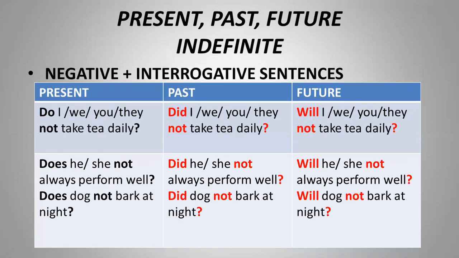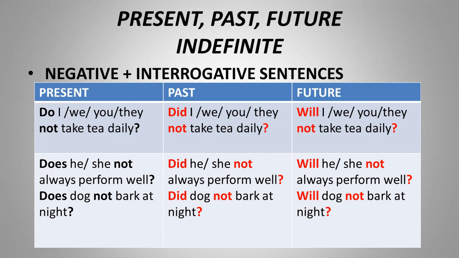Then the last category, that is negative plus interrogative sentences, where we have the negation and interrogation as well. So for forming these sentences, you don't need to be in a complex situation. It's easy. Just from the negative sentences, you have to take do, does, did, and will, and bring them in the beginning.